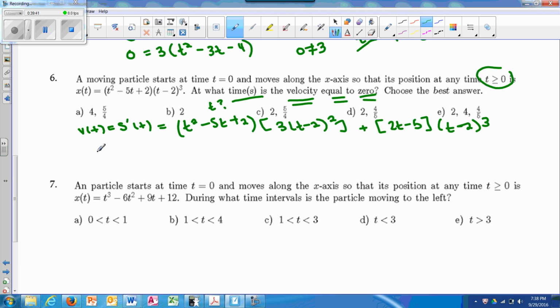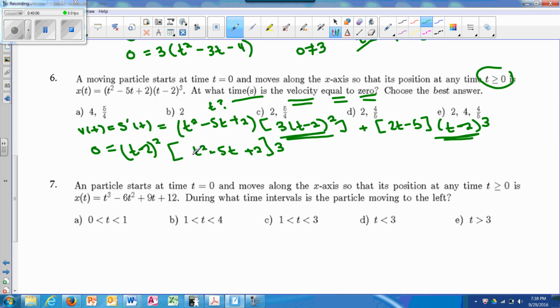During the third second is between 2 and 3 seconds. So the average velocity is the change in position over the change in time. So there's a difference between our instantaneous rate of change and our average rate of change.